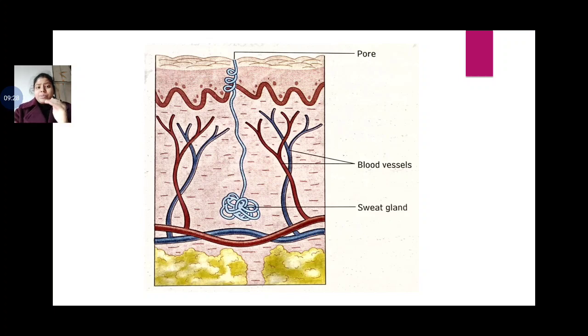It keeps our body protected from the harsh environment. It keeps our internal organs protected from external infection, microorganism attack, and many things. And side by side it performs a major role in the process of excretion.